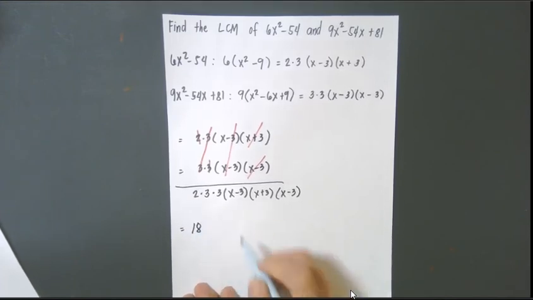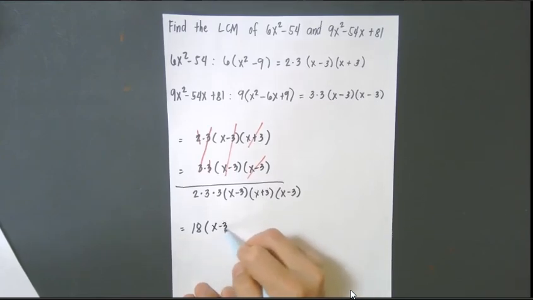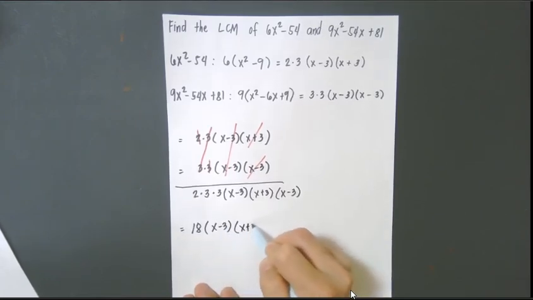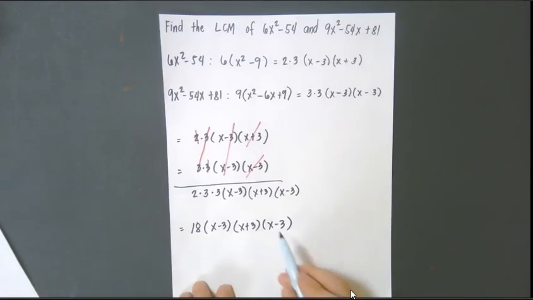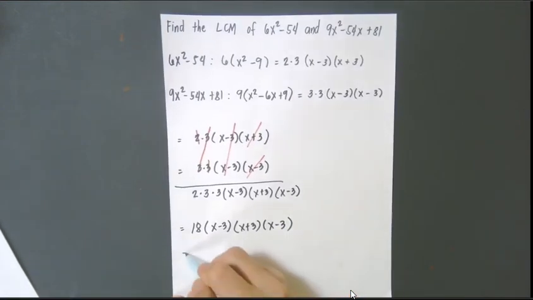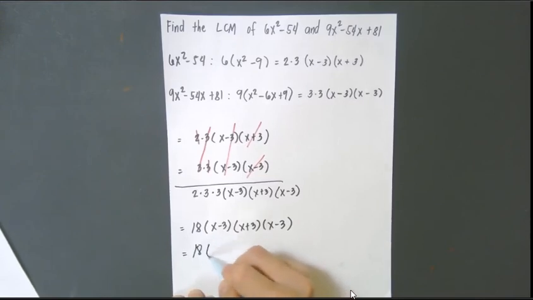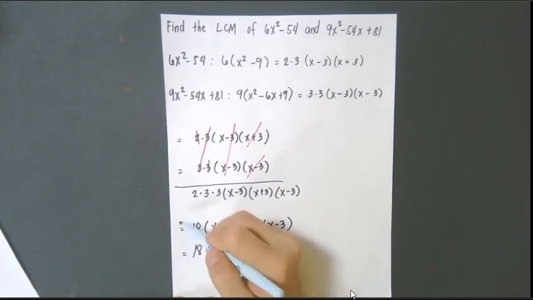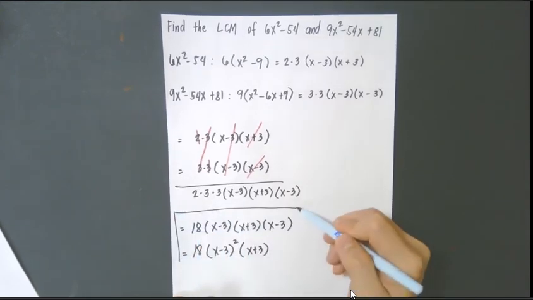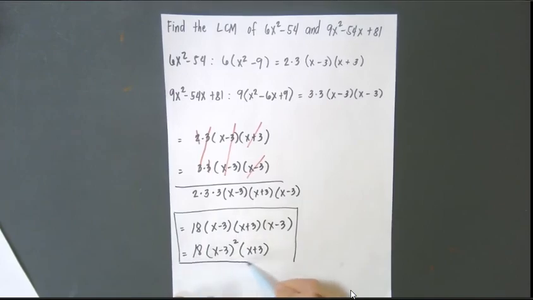That's 18 times x minus 3 times x plus 3 times x minus 3. Observe you have two x minus 3's, so you can also write that in this form: x minus 3 squared times x plus 3. So this is now your final LCM.